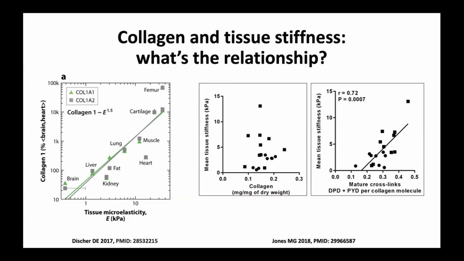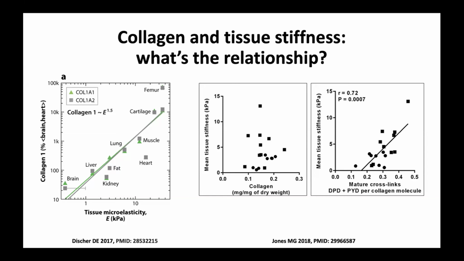And for the most part, it falls on a line. So the idea is that the more collagen you have, the stiffer your tissues are going to be. And I think to a first approximation, that's absolutely true. And this is a beautiful illustration of that.